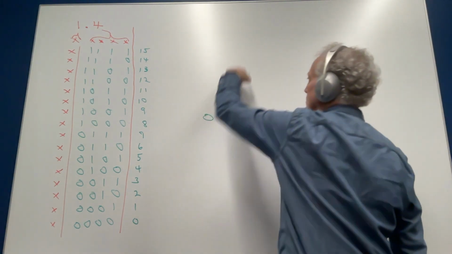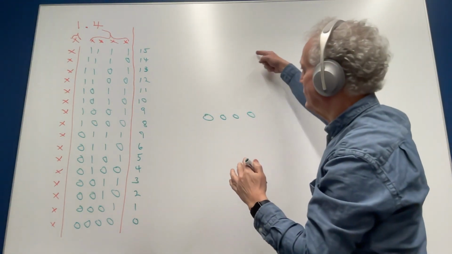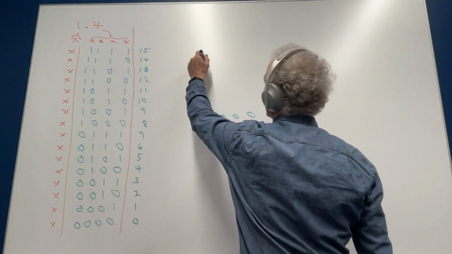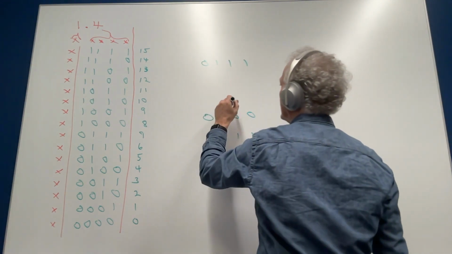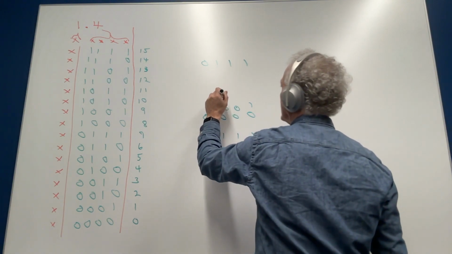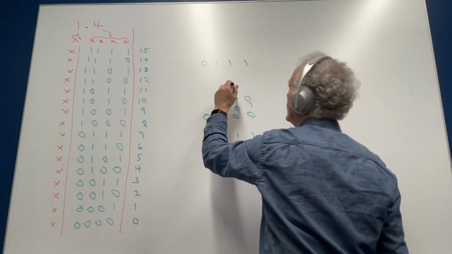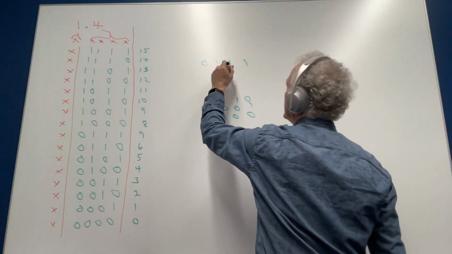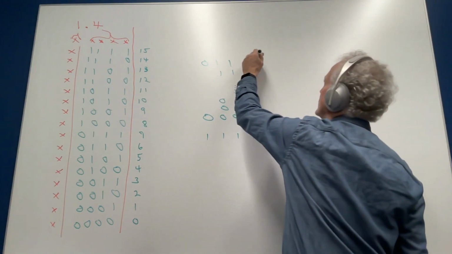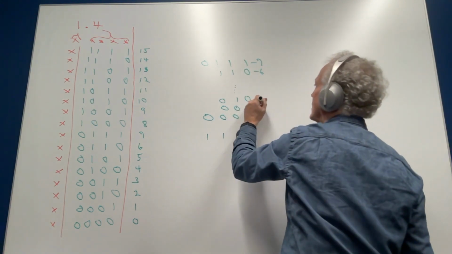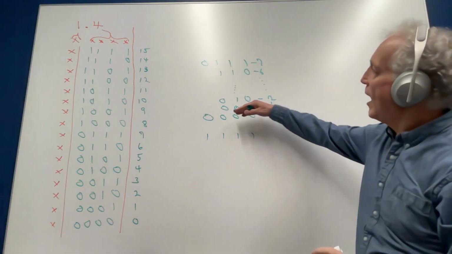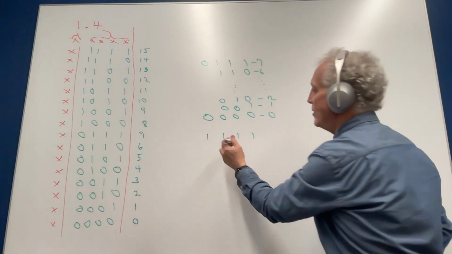Well, actually, go up to 7. 0, 0, 1, sorry. 0, 1, 0, 2, 3, 4, 5, 6, and then a 7. So the highest positive we'll go is a 7, and then we'll start going negative.